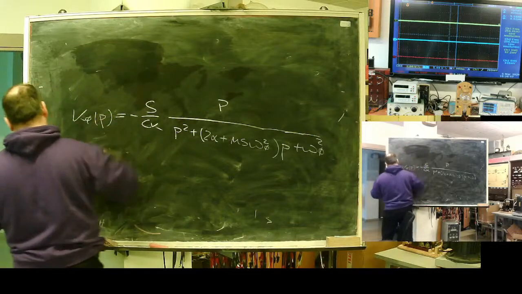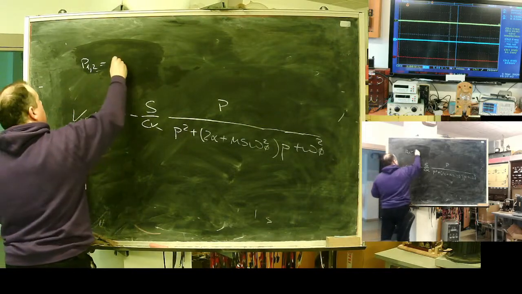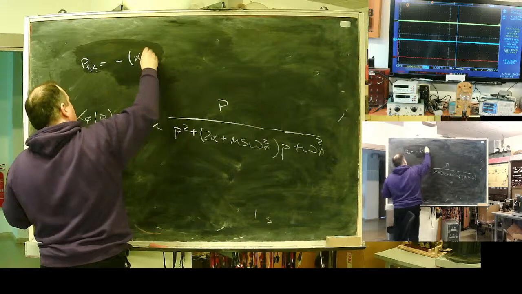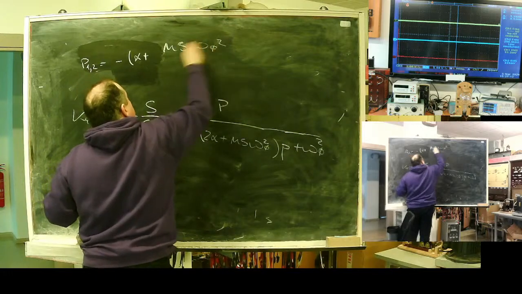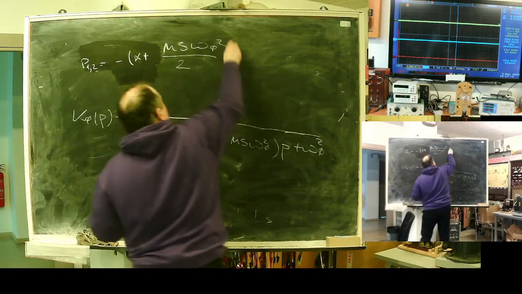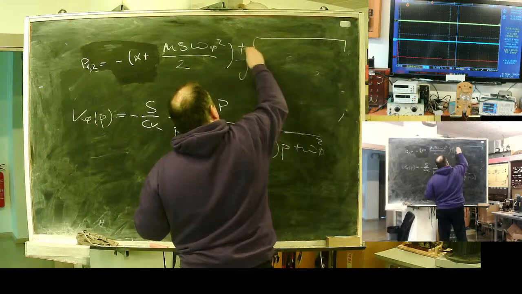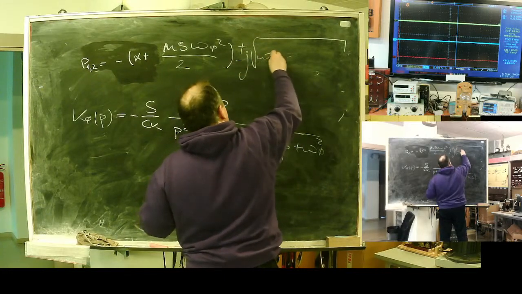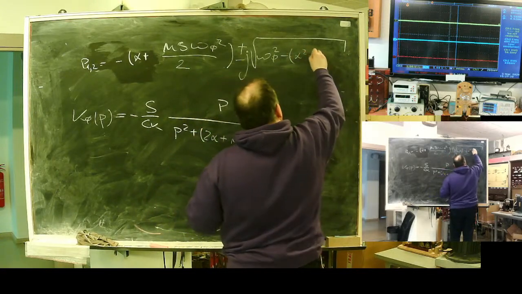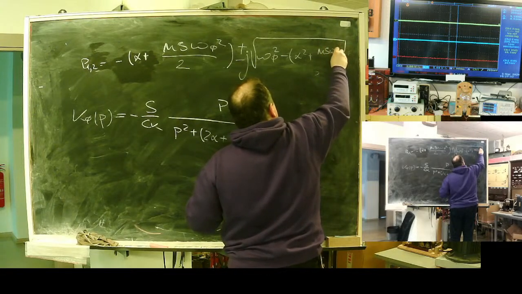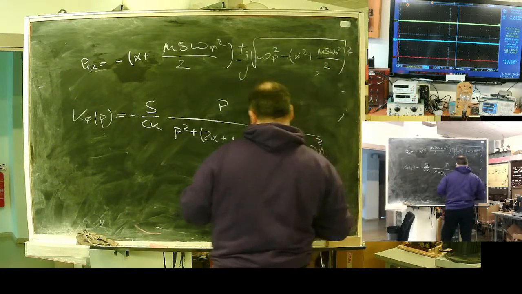Roots of the divider, 1, 2, will be minus alpha plus M S omega 0 squared divided by 2, plus minus the square root of it will be complex, it's a frequency, omega 0 squared minus alpha squared plus M S omega 0 squared divided by 2, and it should be taken squared.